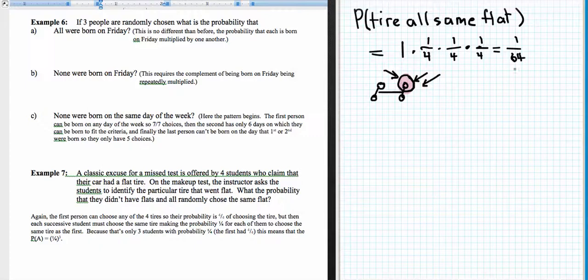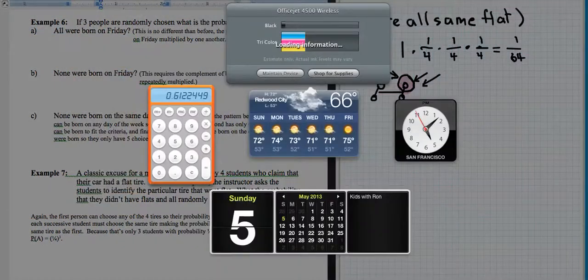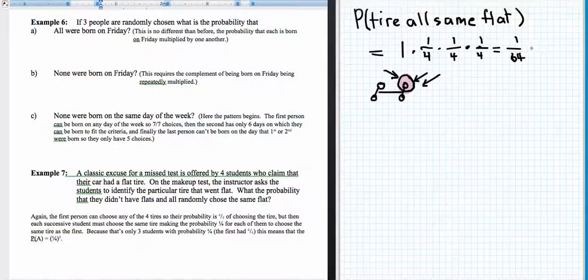And this is our probability, the 1 in 64, which of course is 1 divided by 64, equal to 0.0156. And again, Triola would find this to be very unusual, right?